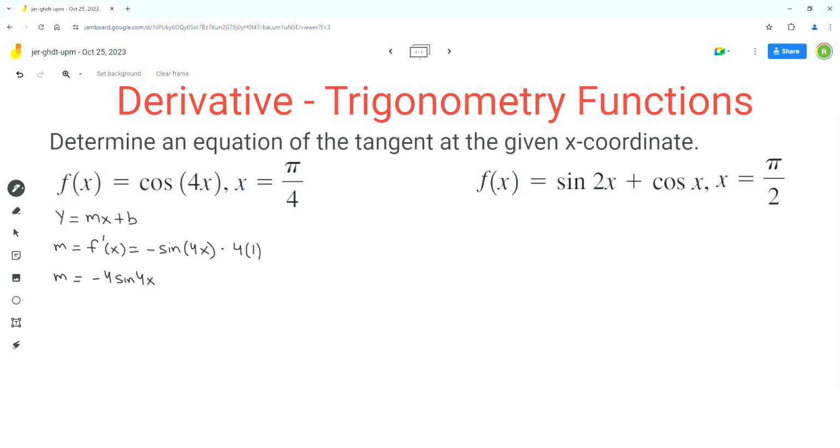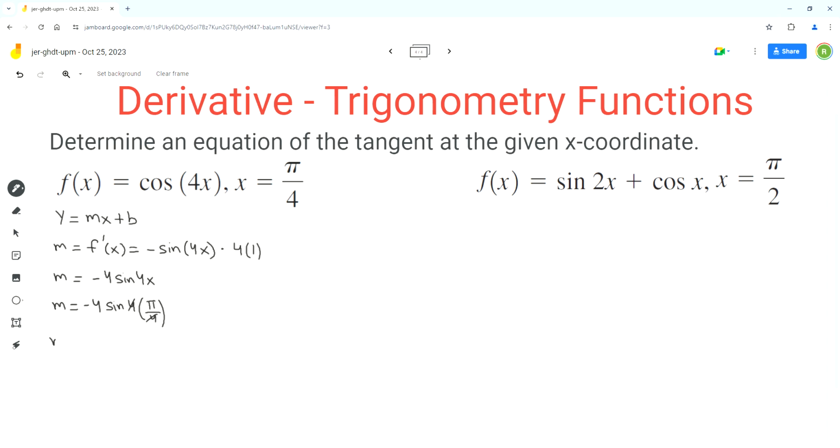Now we can sub in x as pi over 4 to find the slope of the tangent. So 4 and 4 in the denominator cancel each other out.